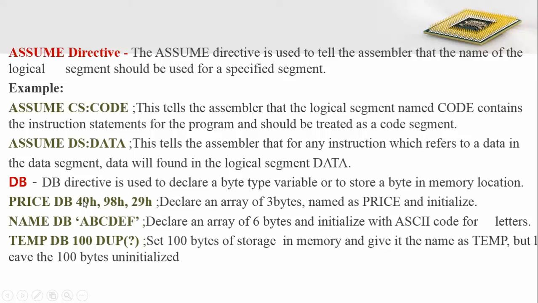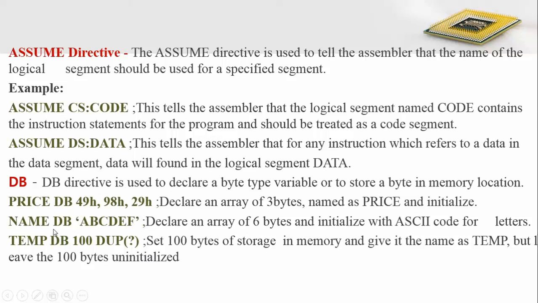In total, it allots three different bytes, and in each byte the values 49, 98 and 29 are stored respectively. These three bytes together are named PRICE. Here declaration, allotment and initialization take place using this single statement.